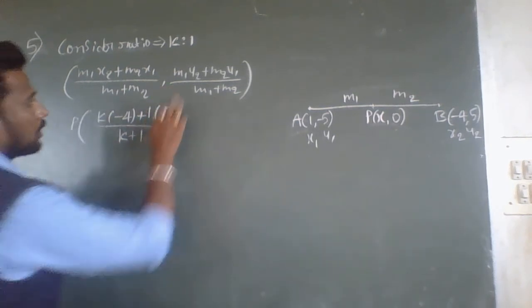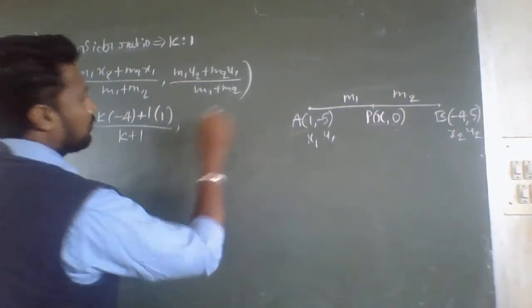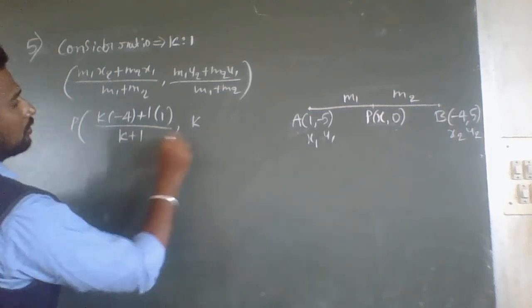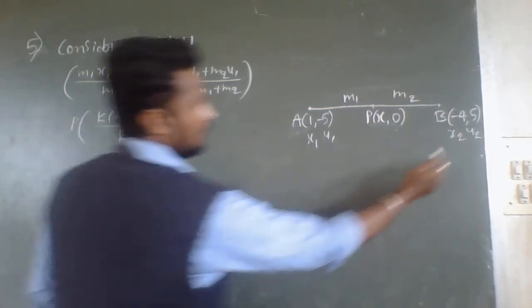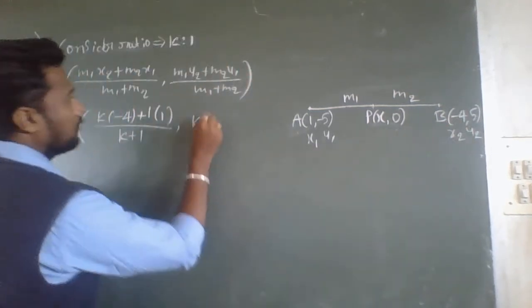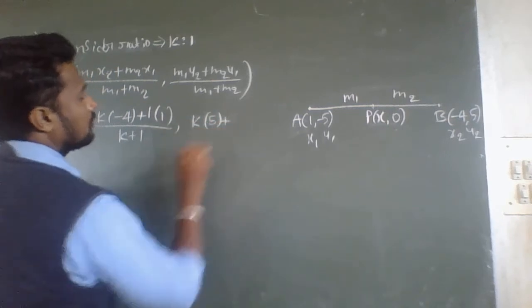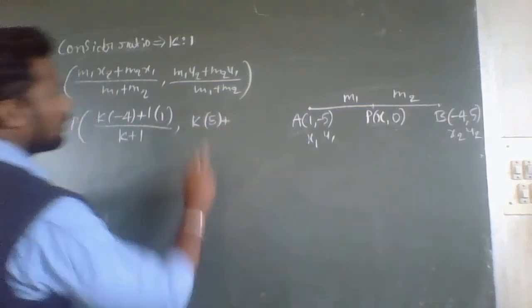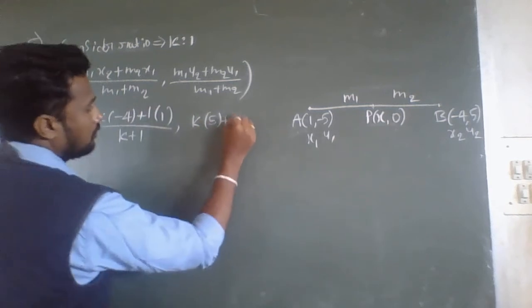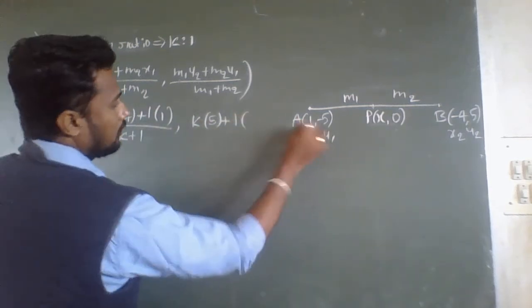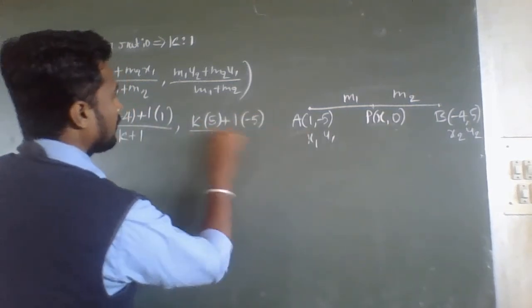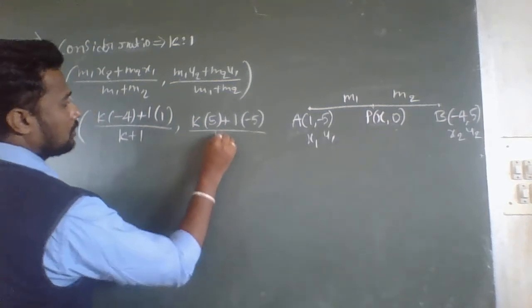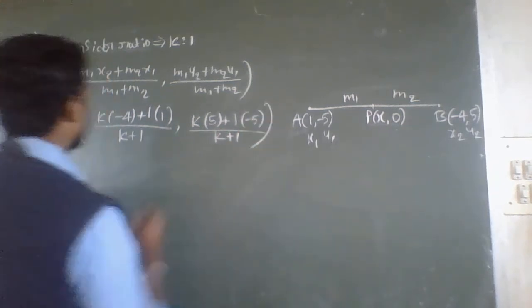Now for the y coordinate, m1 value is k and what is the y2 value? 5. Plus, what is the m2 value? 1 into y1 value, which is minus 5, divided by m1 plus m2, meaning k plus 1 again.